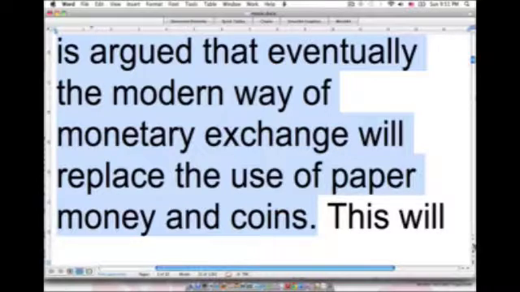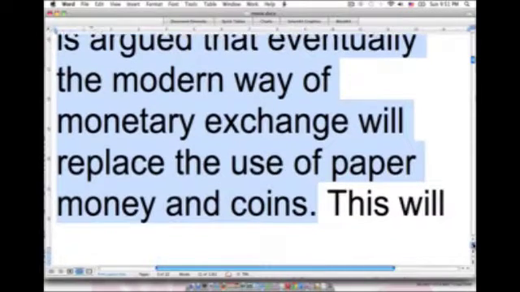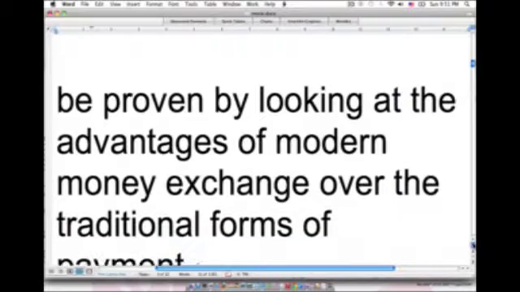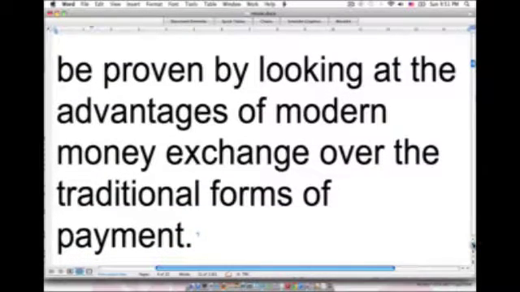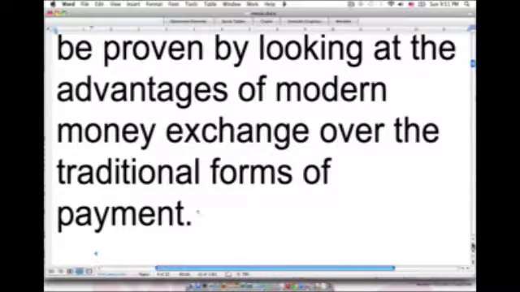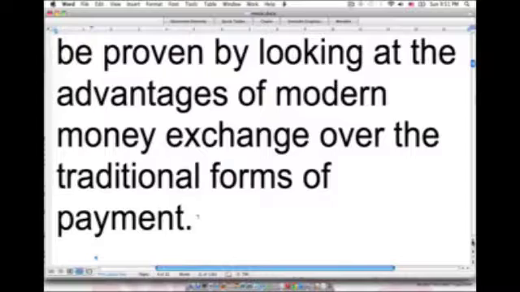This writer then goes on to tell us what they're going to talk about. "This will be proven by looking at the advantages of modern money exchange over the traditional forms of payment." Okay, perhaps they could have been a little bit more specific here, but they do provide us with a plan for the rest of the essay.